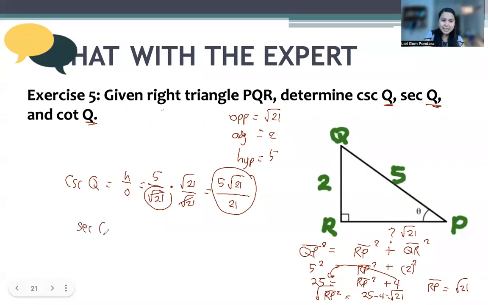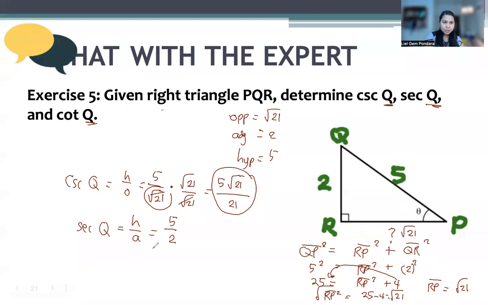How about secant Q? What's the value of secant Q? That's very easy. For secant Q, what's our hypotenuse? 5 over 2. Okay, that's great.